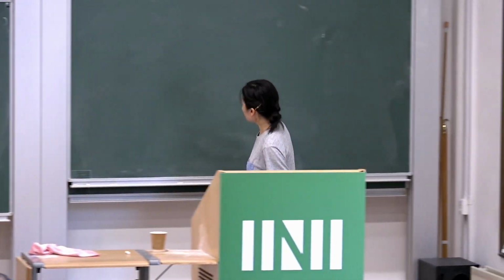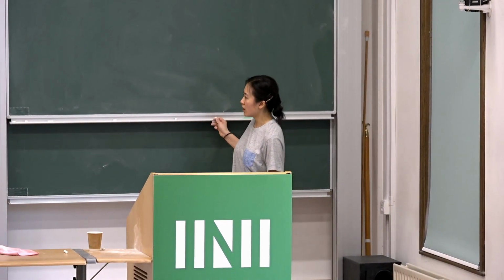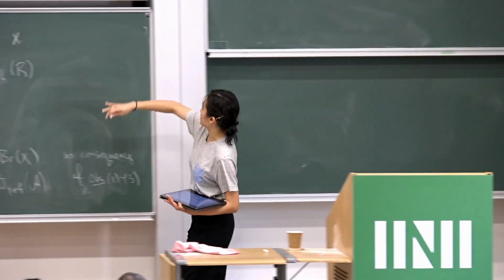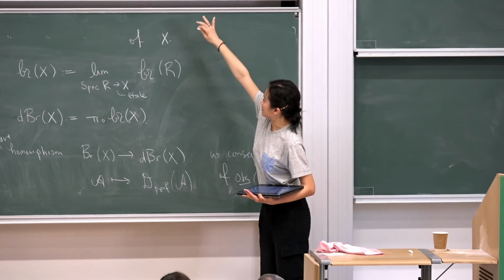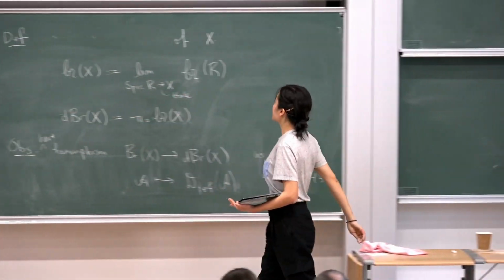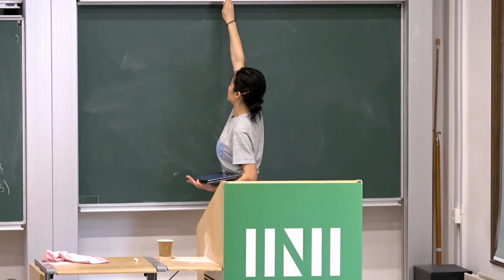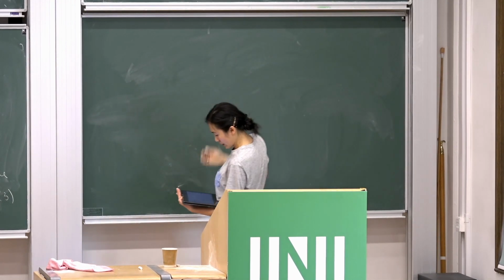Even though a priori we may have introduced many more objects by passing to this larger, different setting, it turns out this is not too far from objects that we are already pretty familiar with.